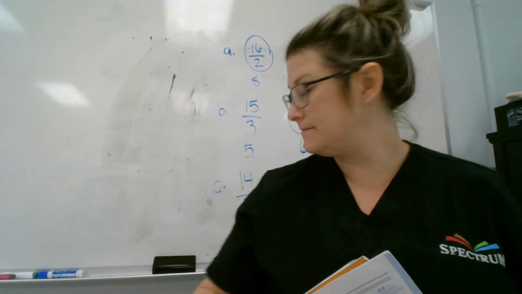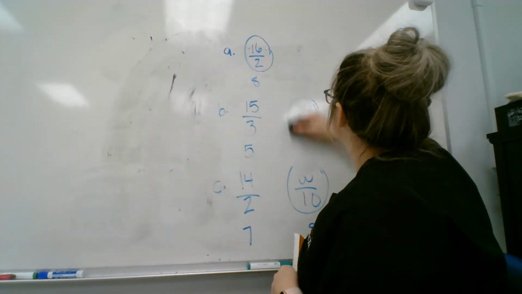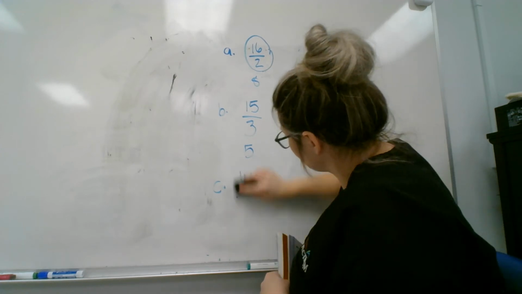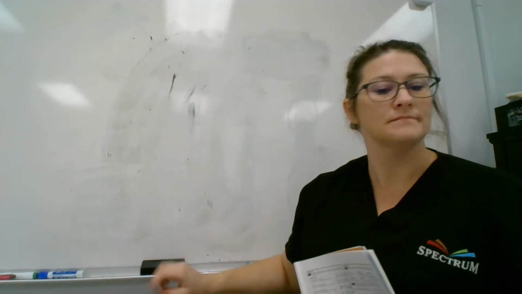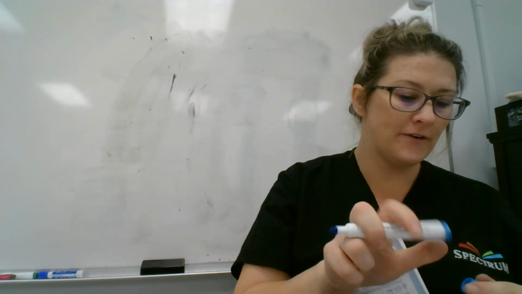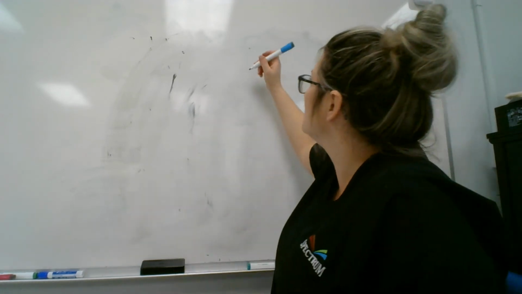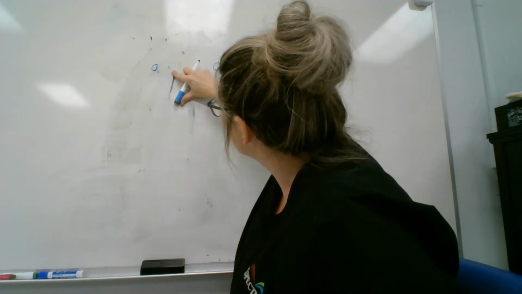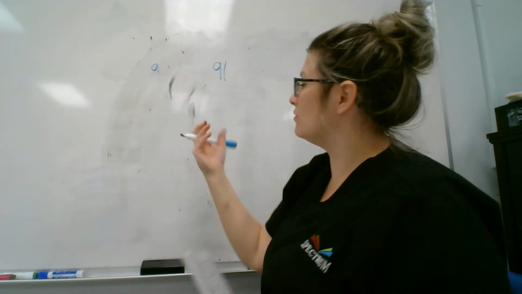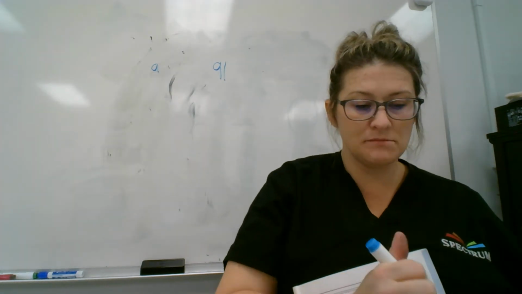All right. So our first number is 91. Remember, we're dividing till we find whole numbers, ones that do not have any decimals.